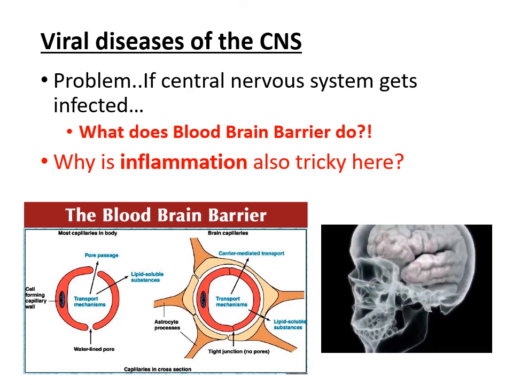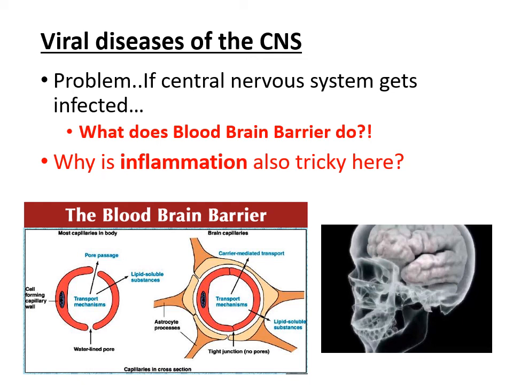Now, the next category here is the scariest, most problematic, the viral diseases of the central nervous system. The big problem with the central nervous system getting infected is the idea of the blood-brain barrier, as well as your skull. So what does the blood-brain barrier do?